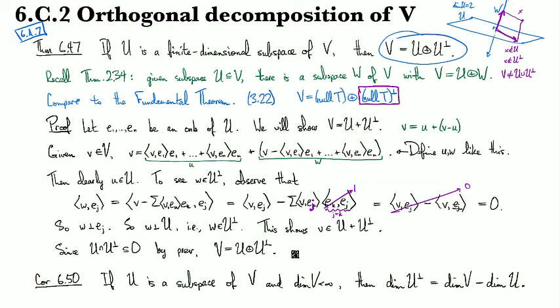And this is just a restatement of a result that we saw before for direct sums. The only thing that we're saying now is we're replacing W with U perp. So there's not a whole lot of excitement going on there.